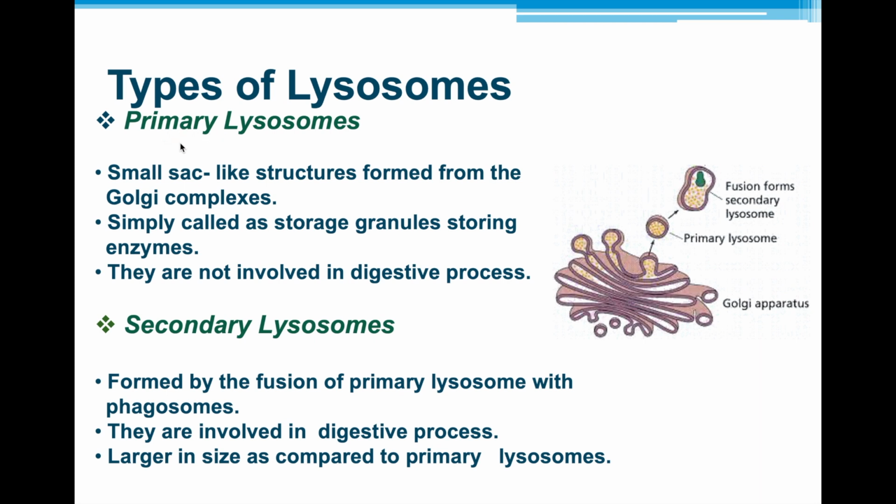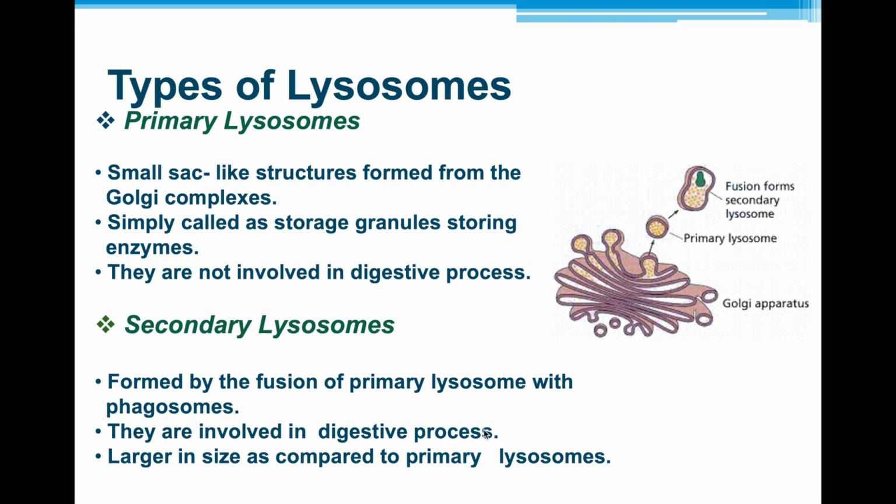Primary lysosomes are formed from the Golgi apparatus appearing as small vesicles. Primary lysosomes, simply called storage granules, store inactive hydrolases. These are not involved in the digestive process. Primary lysosomes do not release any of their content.